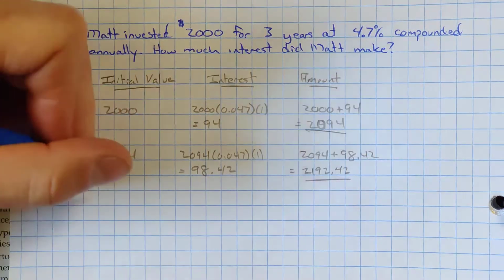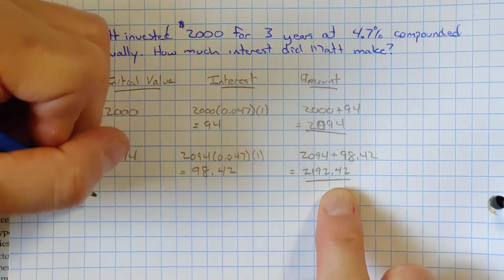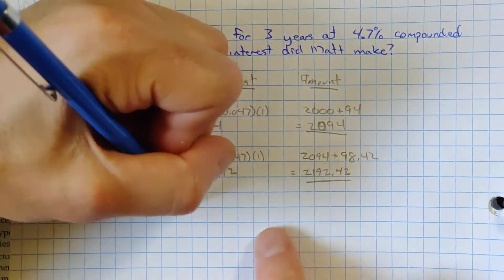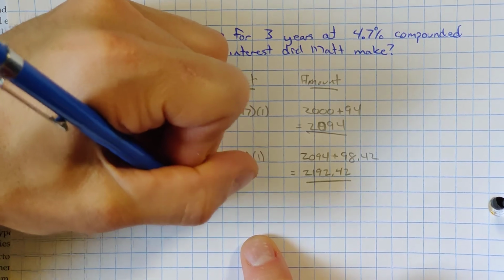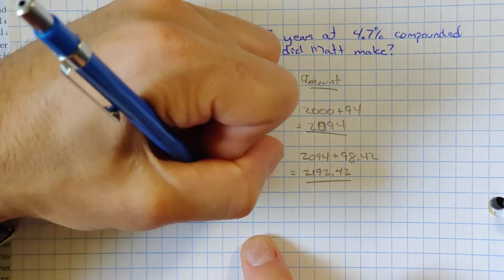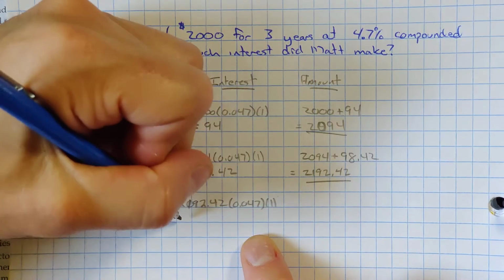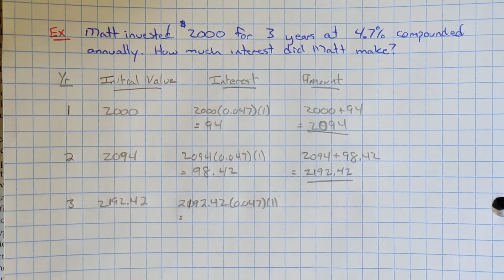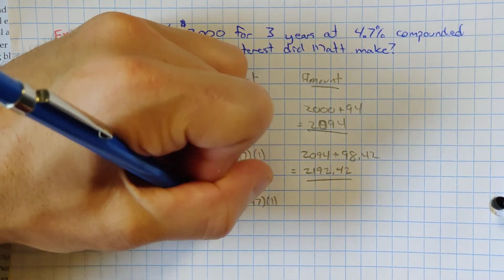Finally, we got a third year. Year 3, again, starts with the 2,192.42. So his interest, still paying 4.7% for 1 year, is going to be 103.04.